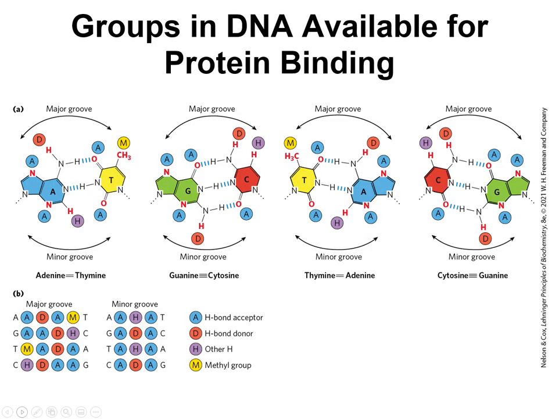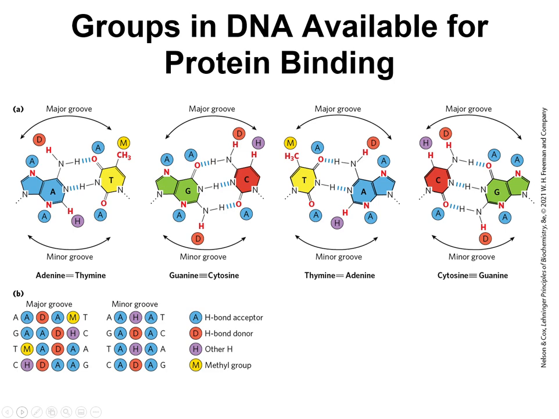So this just gives you an idea of the major groove and the minor groove, which the minor groove is used as part of recognition, but the major groove gives more. And what we're showing here is just the different places where you have hydrogen bond donors and acceptors.